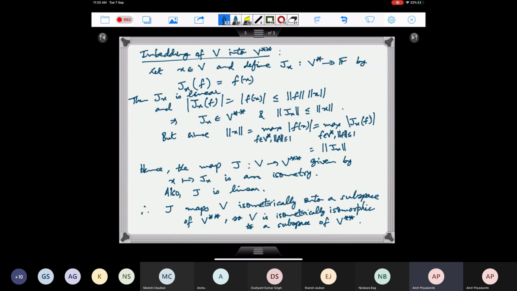Now, this map in general need not be onto, but suppose this J is onto, then we have that V is isometrically isomorphic to V double star. So in that case, we will call this normed linear space V reflexive.